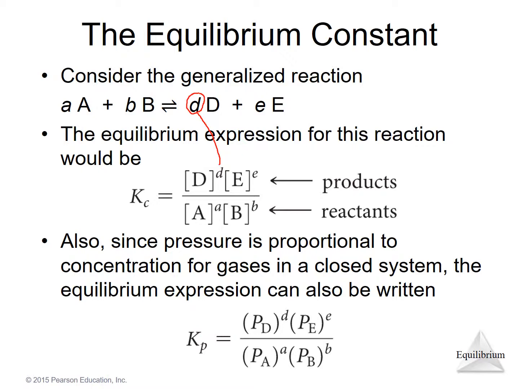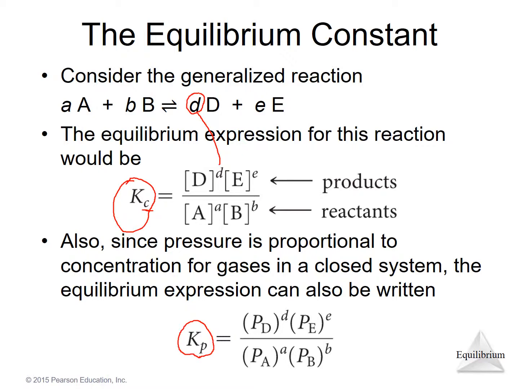That is indicated by this subscript here. C represents concentration, so Kc, this symbol here, represents the concentration equilibrium constant. P here, Kp, represents the pressure equilibrium expression.